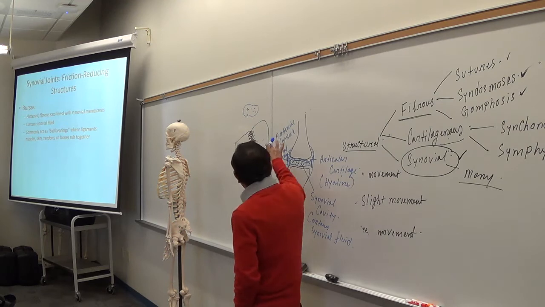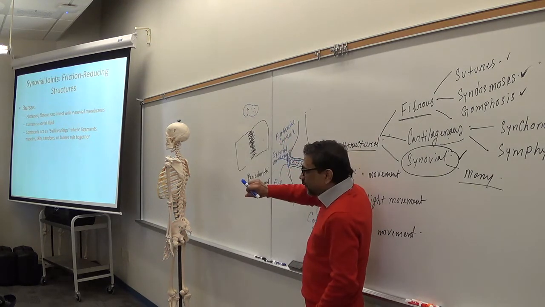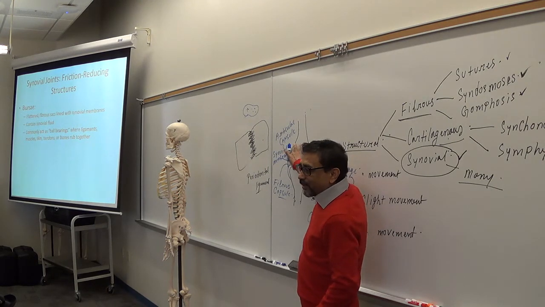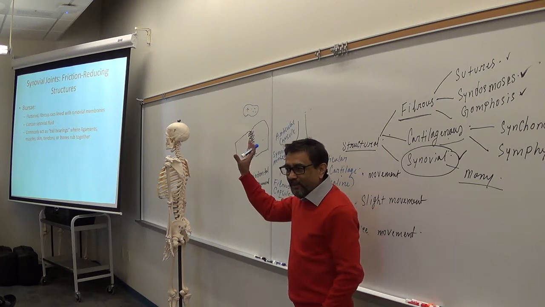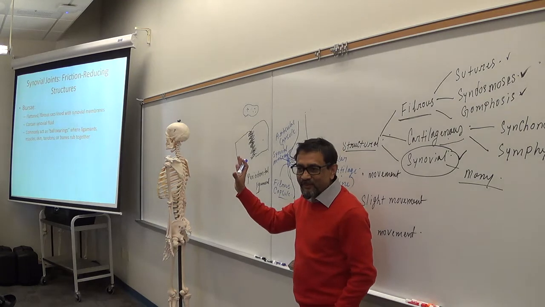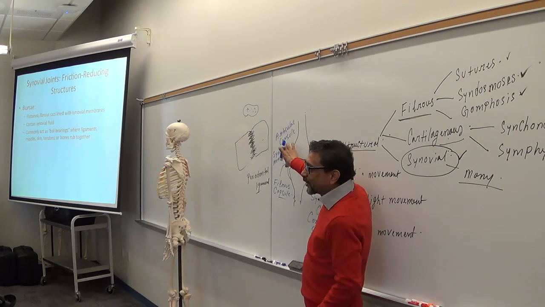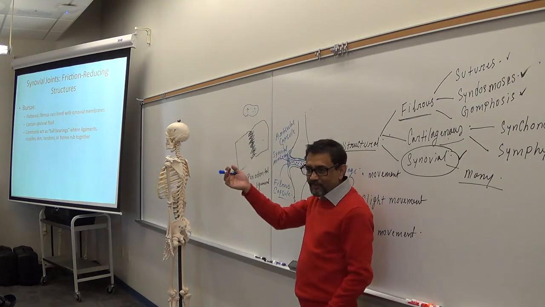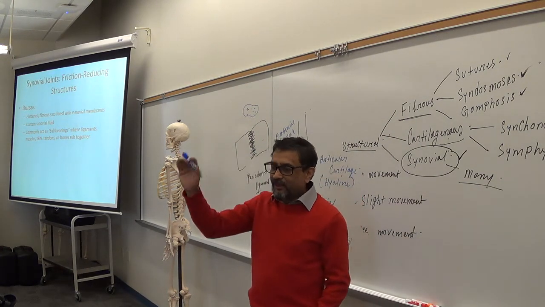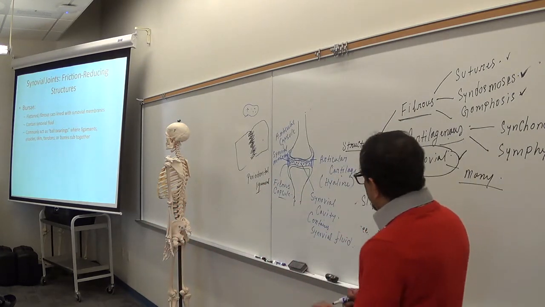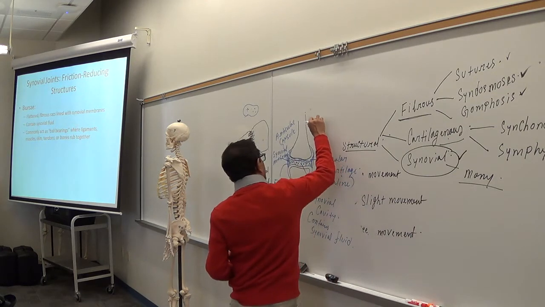That's why when I ask you to show me the structures in a synovial joint, you don't need to show bursa, because it is not an essential component of a synovial joint. Make sense? It is not present in all synovial joints. But these things must be present in all synovial joints, right? The cavity should be there, the fluid should be there, the capsule should be around, right? And articular cartilage.